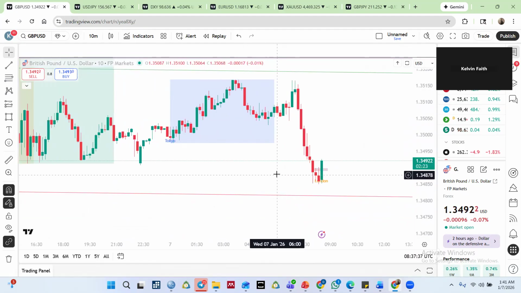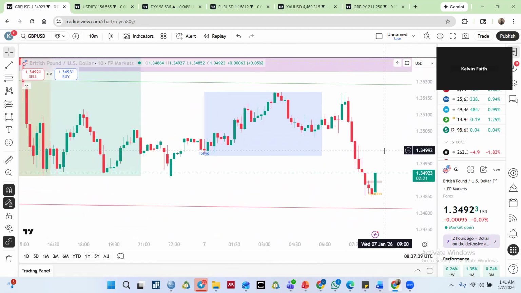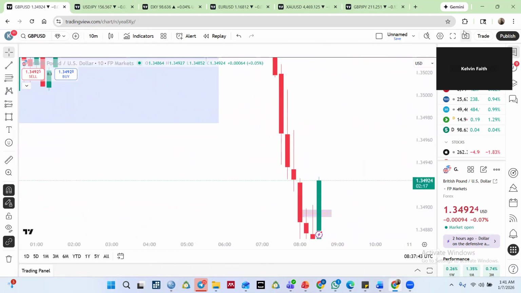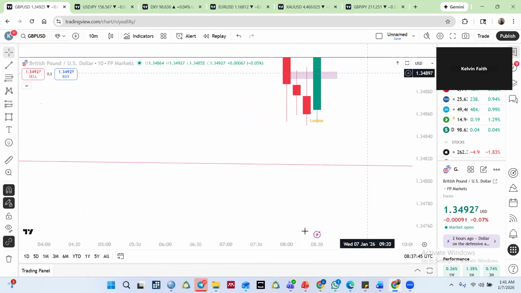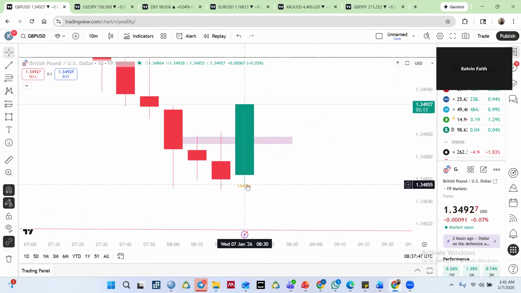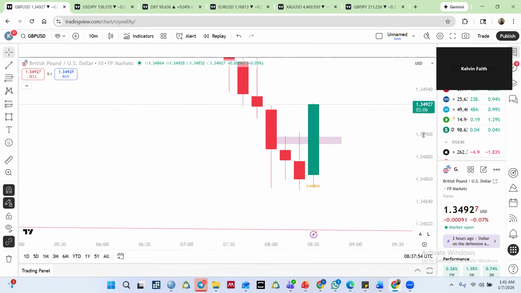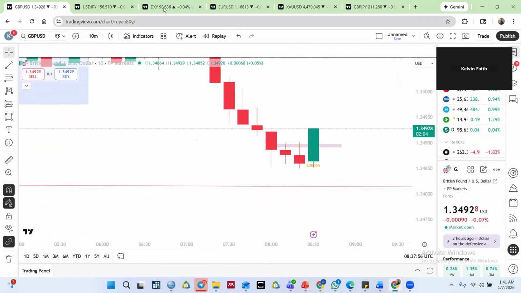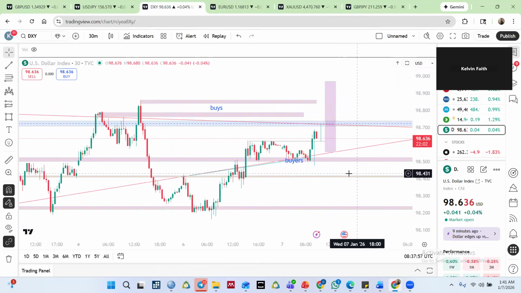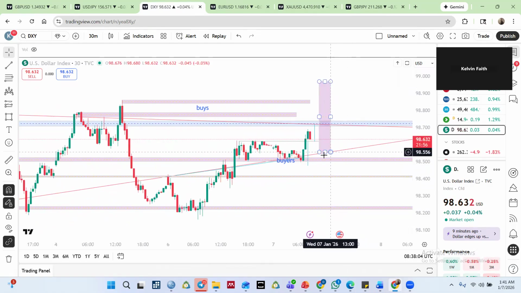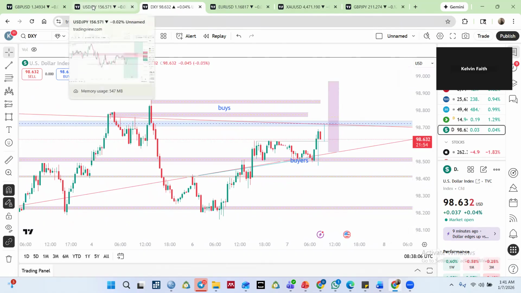Okay, there's a candle pushing up. So the London session is just starting. The DXY is also bottoming up.